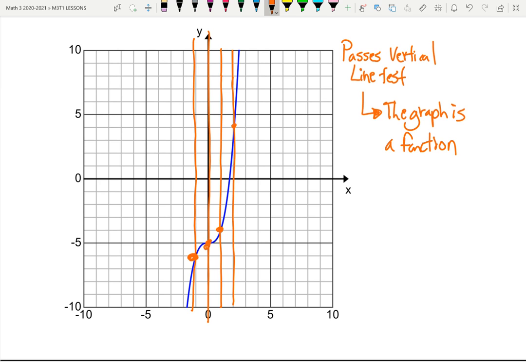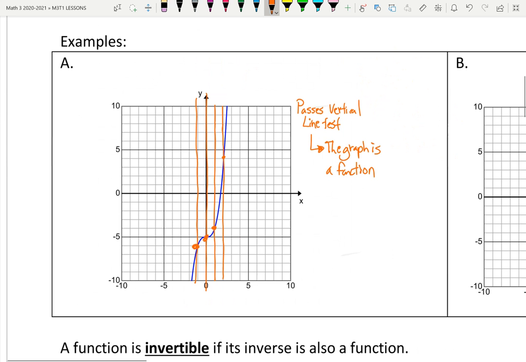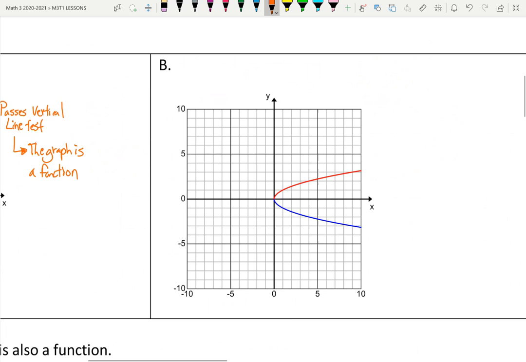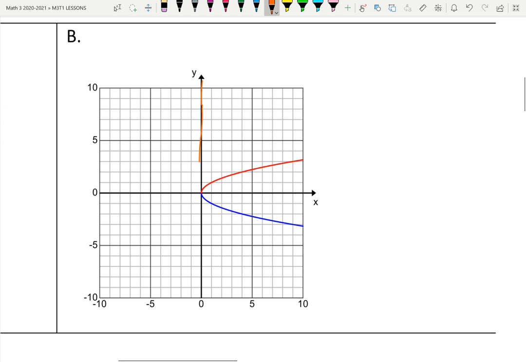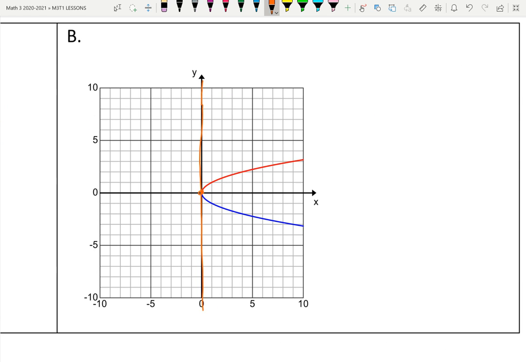Let's go ahead and look at our other example. B. So my first vertical line in this test to see if the graph is a function, it only goes through once. I then test my second vertical line, and I see that it fails.